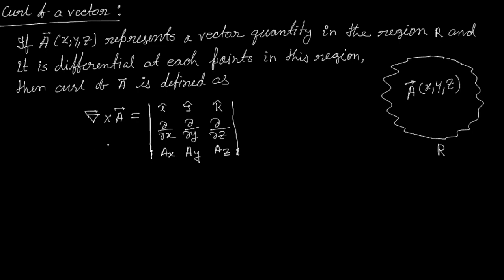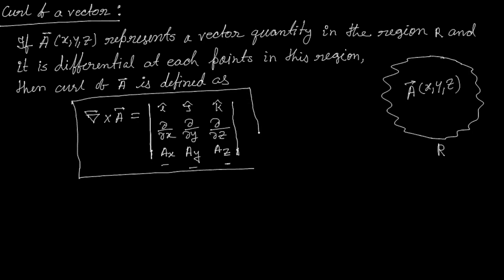So if we know the vector quantity A in the rectangular coordinate system, then we can put the x component here, the y component here, and the z component here. And then if we solve this determinant, we'll get the value of curl of that vector. So this is how we can define the curl of a vector quantity in the rectangular coordinate system.